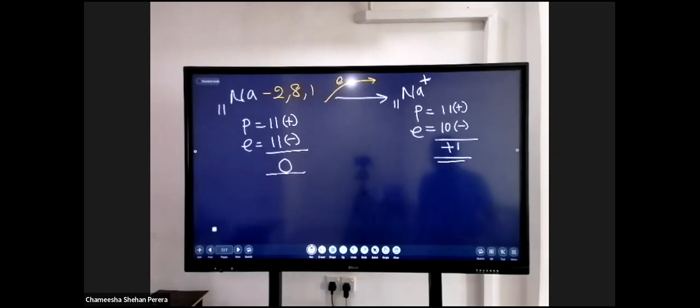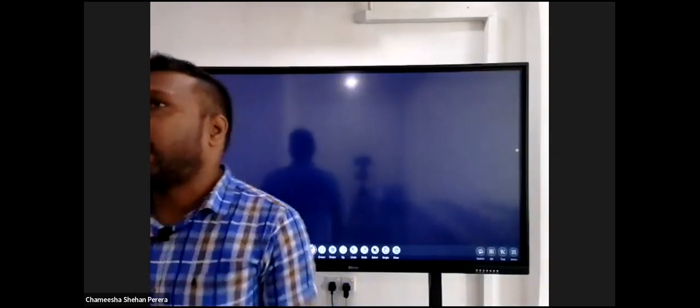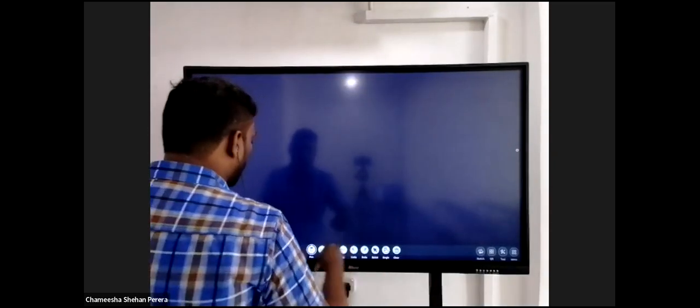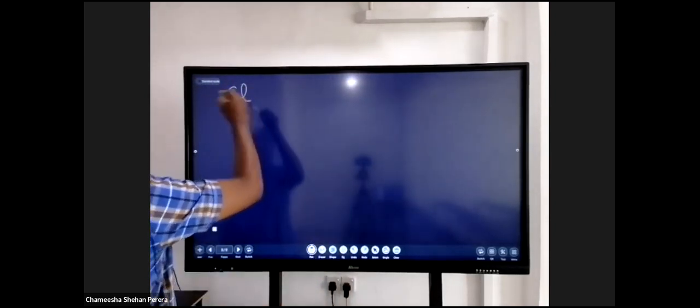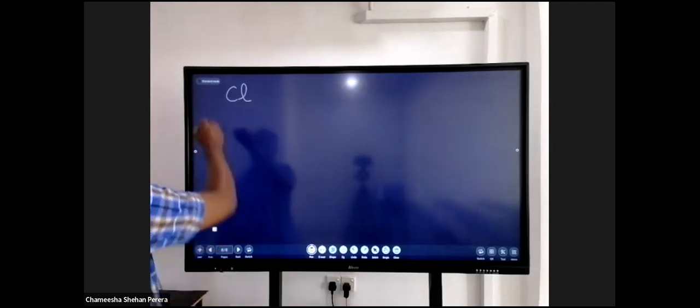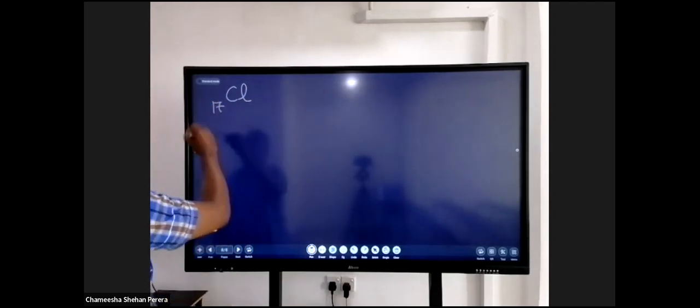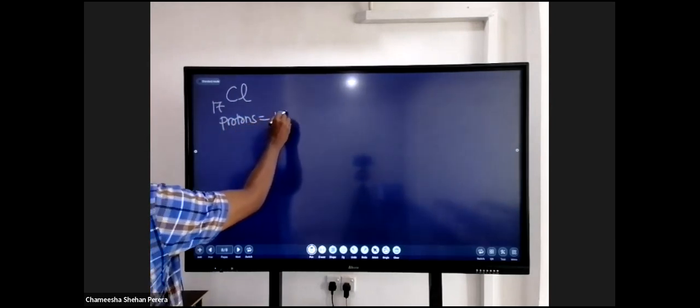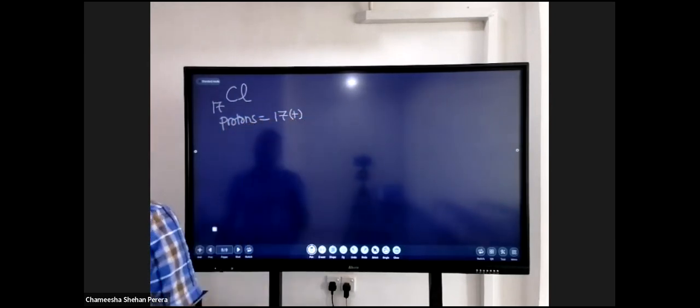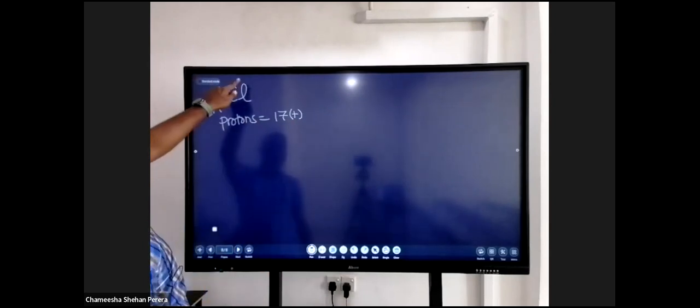Right. So I'm going to take another element. Chlorine, right? Chlorine's atomic number is 17, so the proton number will be 17, and that is a positive charge. And look for the right hand top corner.